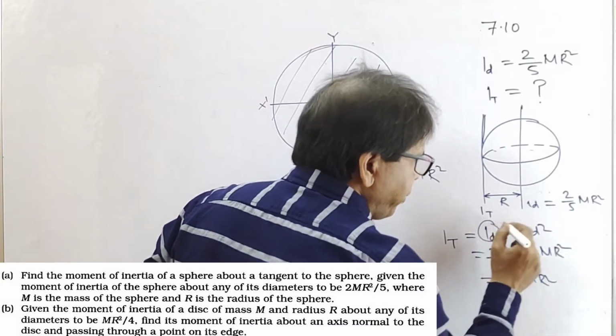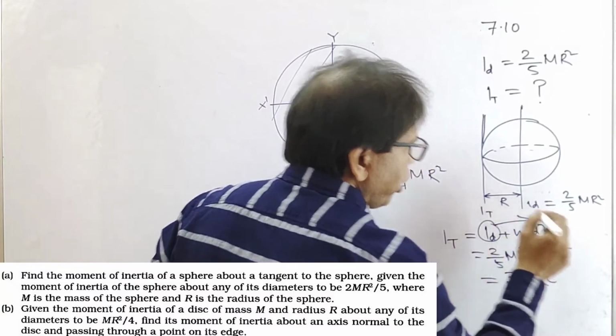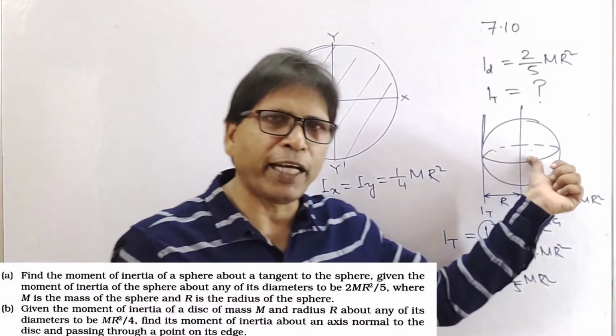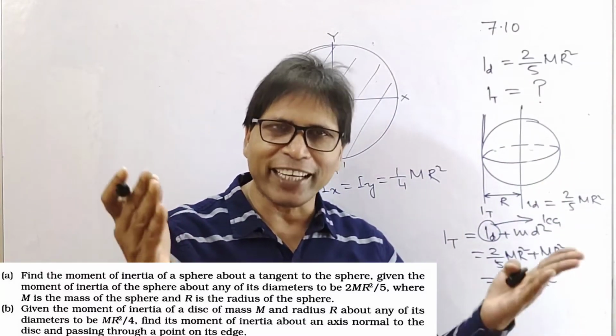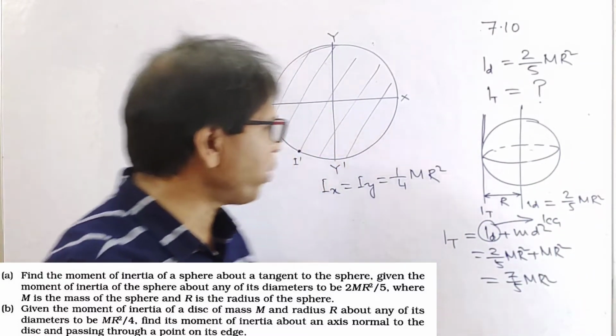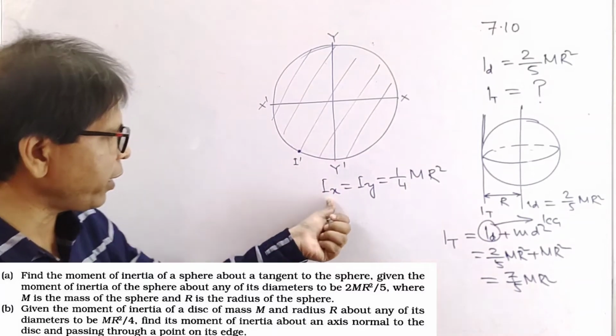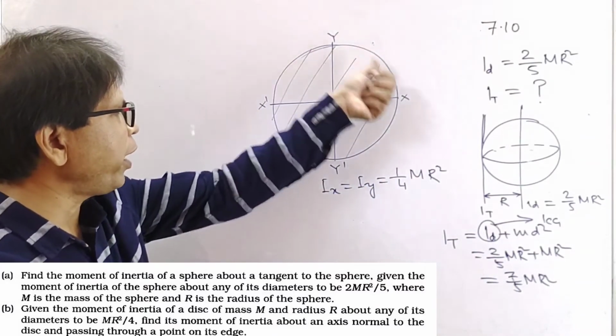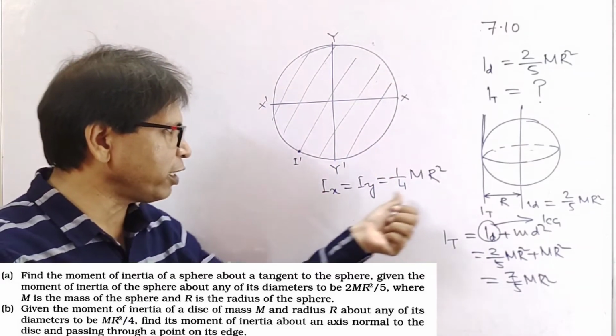Here Id means I CG, because this axis passes through the center of the sphere, that is the center of gravity. Now the moment of inertia of a disc about a diameter is given.